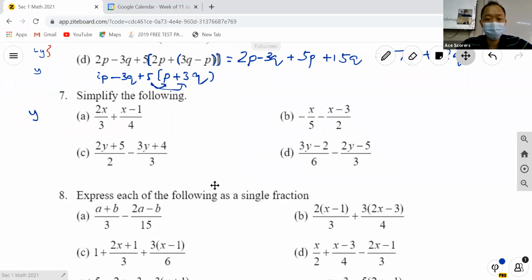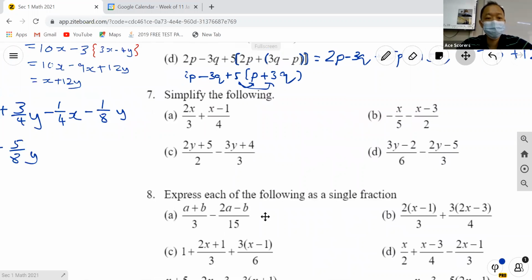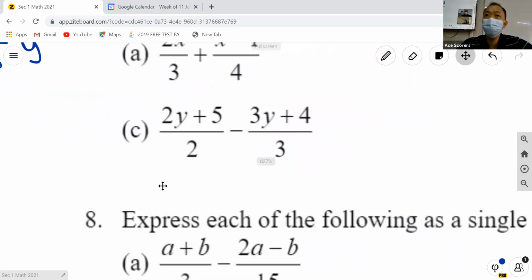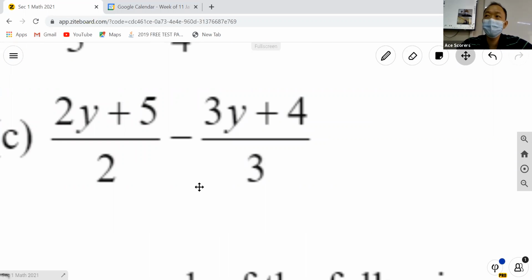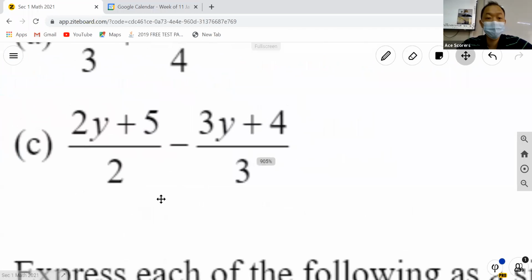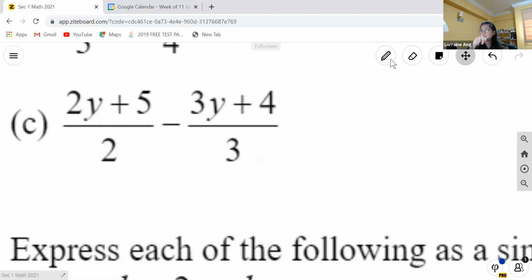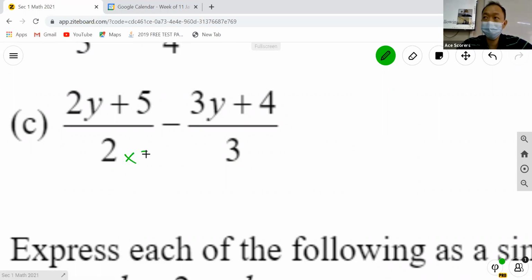Okay, let's just look at this one. So what's the common denominator in this case, between 2 and 3? Common multiple of 2 and 3? 6. Yeah. So here times 3, and here times 2, right?